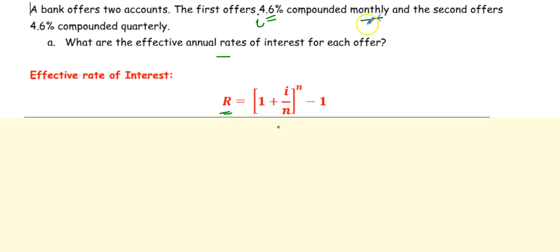Here it is compounded monthly, so n is equal to 12 in the first scenario, and compounded quarterly in the second case, so n is equal to 4 because there are 4 quarters in 1 year. i is the same 4.6% and n changes for monthly and quarterly.